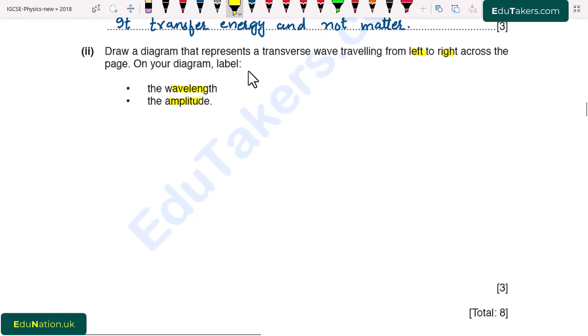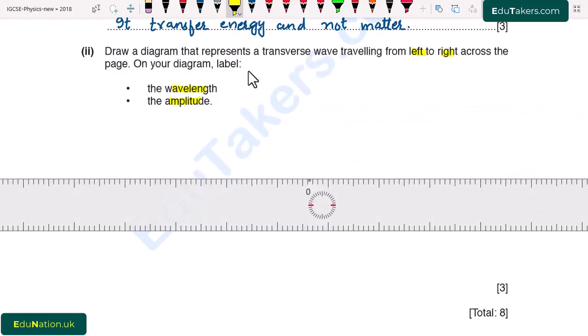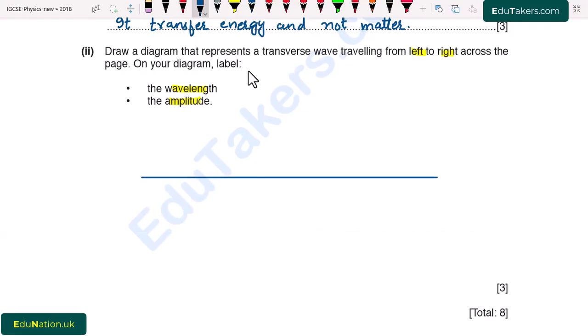So again, using ruler, I draw a line here. So it's a transverse wave.